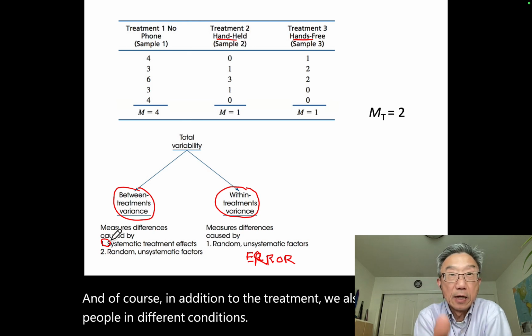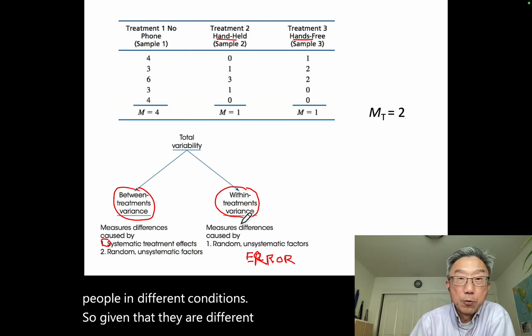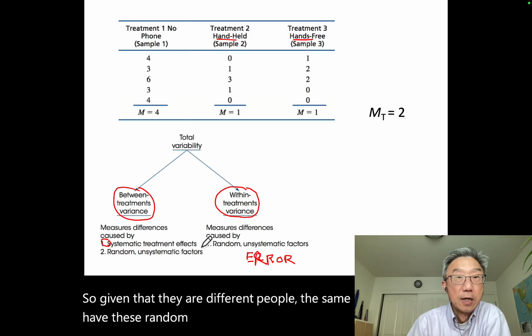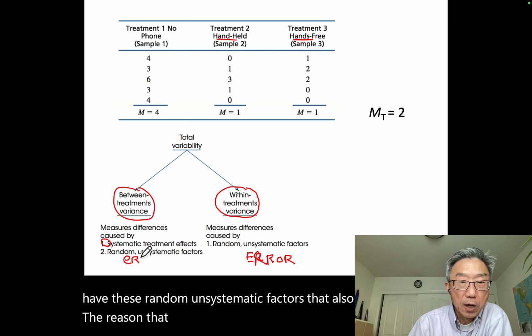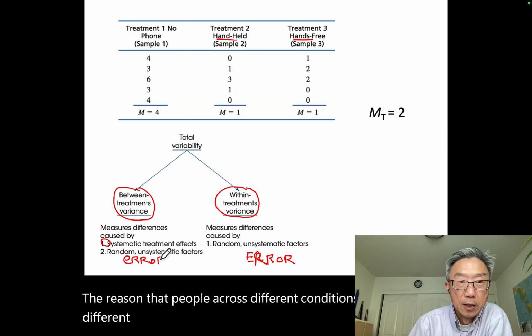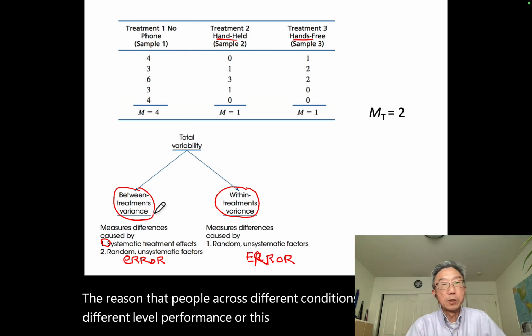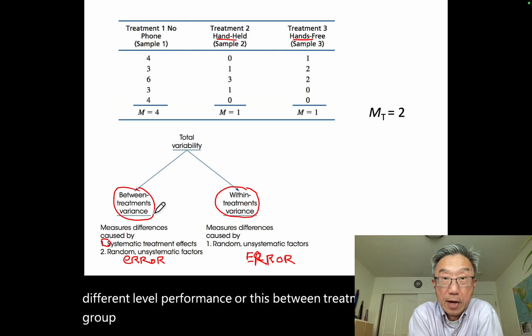Given that they are different people, the same reason applies: we have these random, unsystematic factors. So the reason that people across different conditions have different levels of performance, or this between treatment, between group variance, is error.